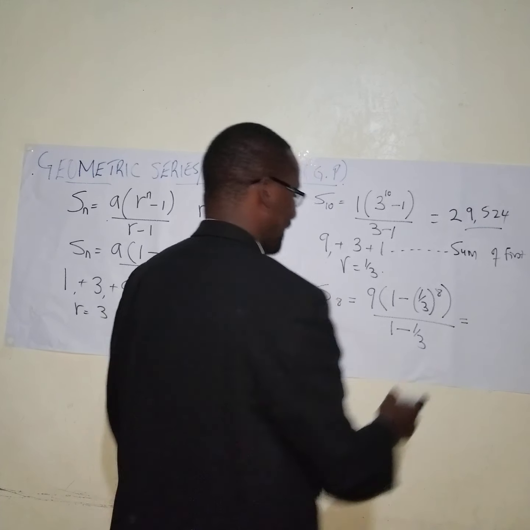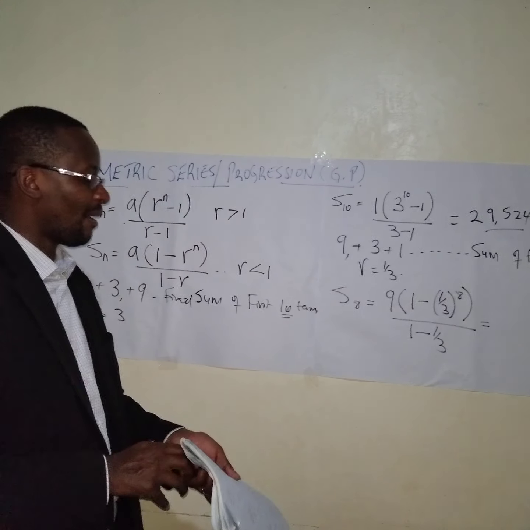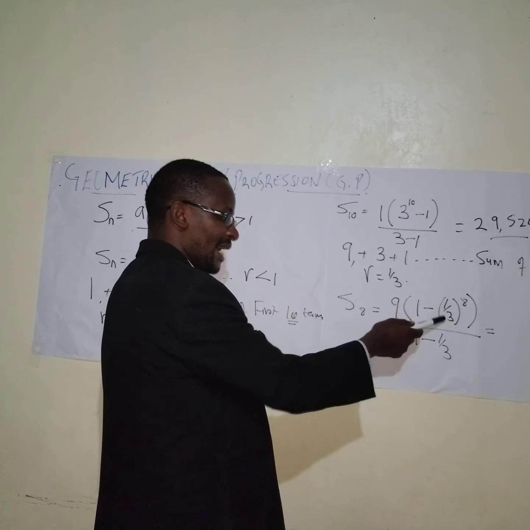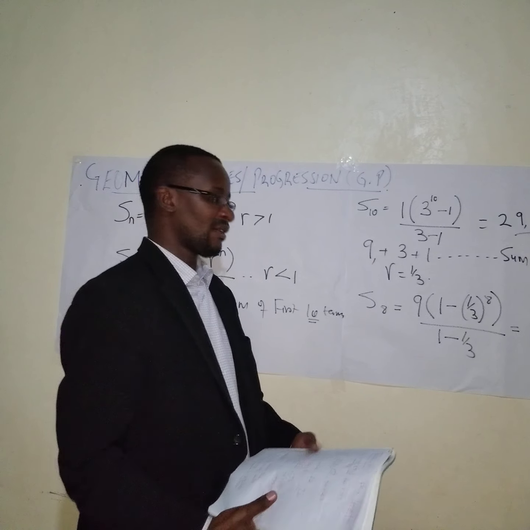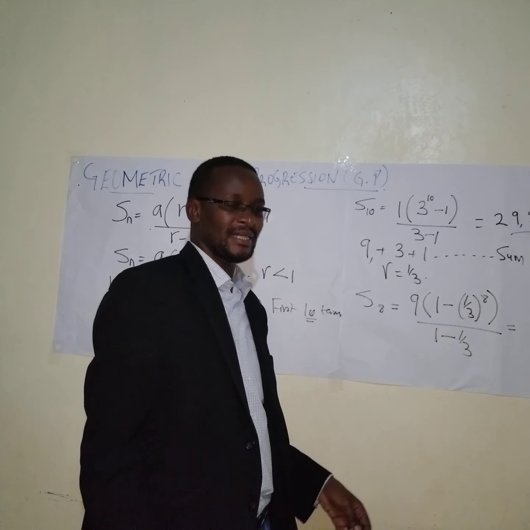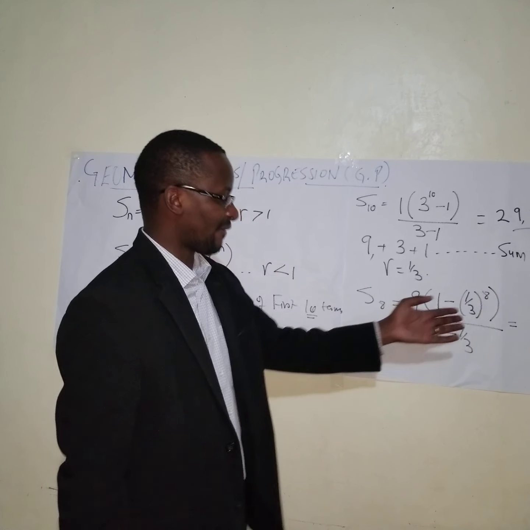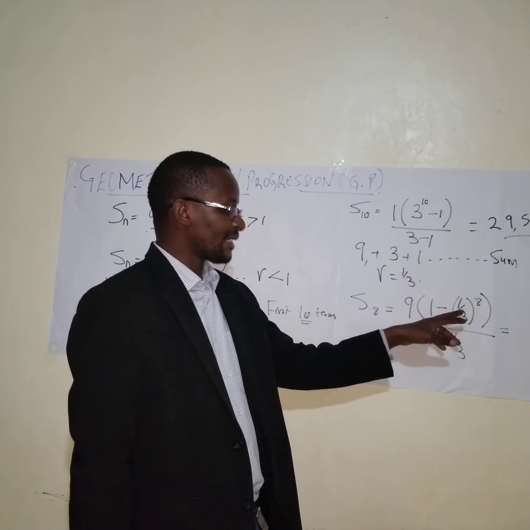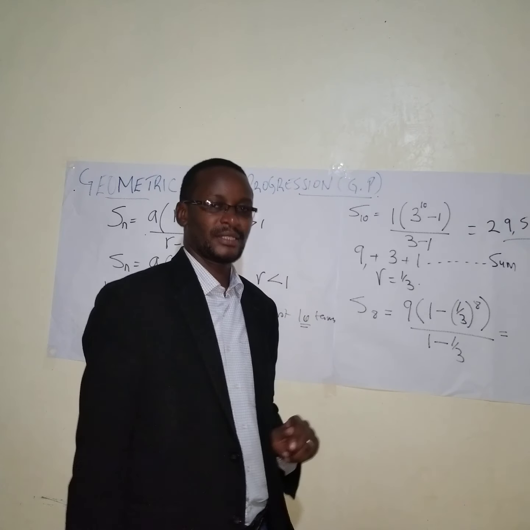So here again, you can start by working out a third power 8 and put the third in brackets. Because if you don't, you'll just be raising 1 power 8 divided by 3. That will just give you a funny answer. So put a third in brackets in the calculator. Then raise it to power 8. Put equals.